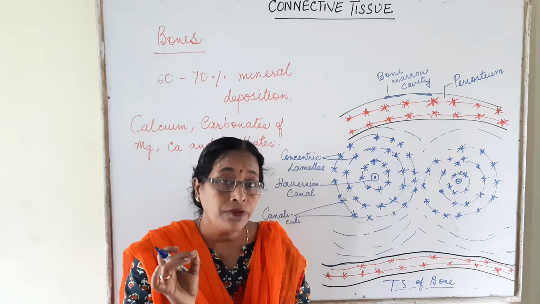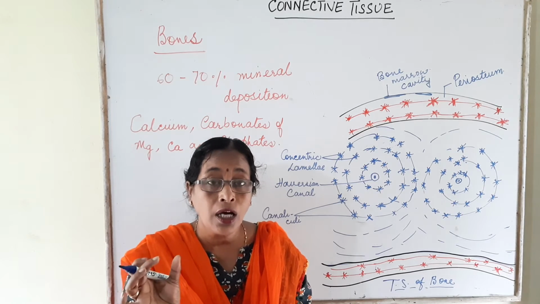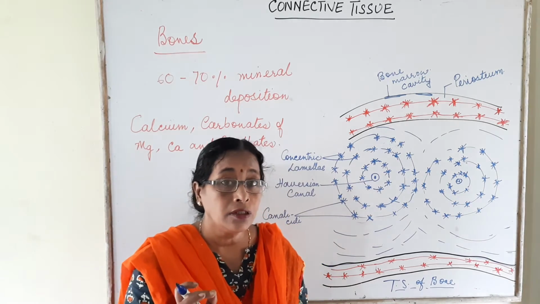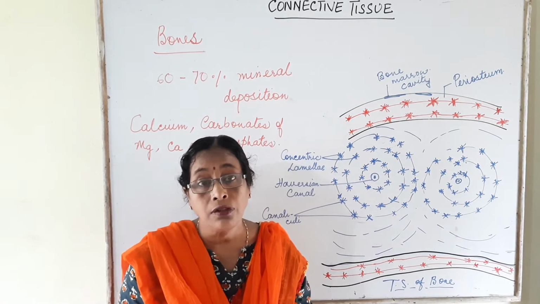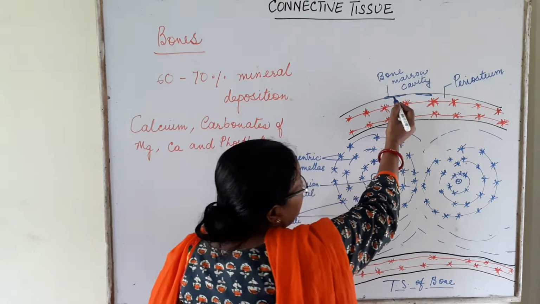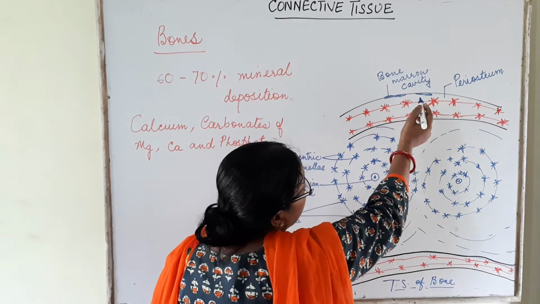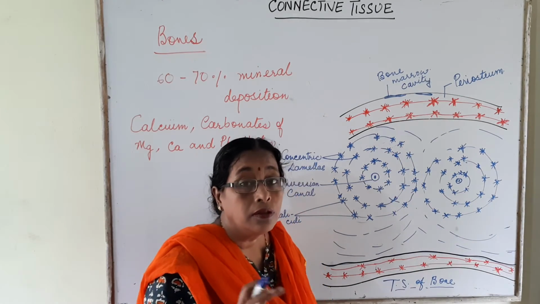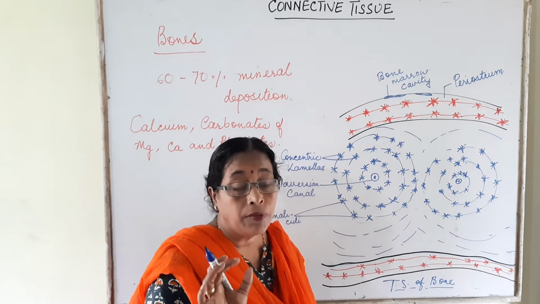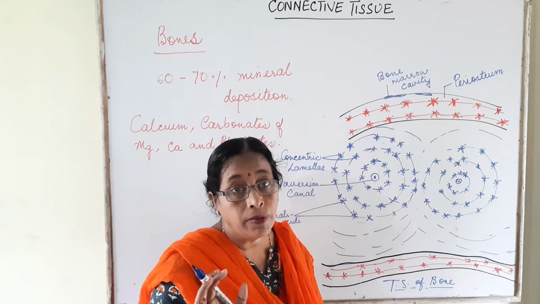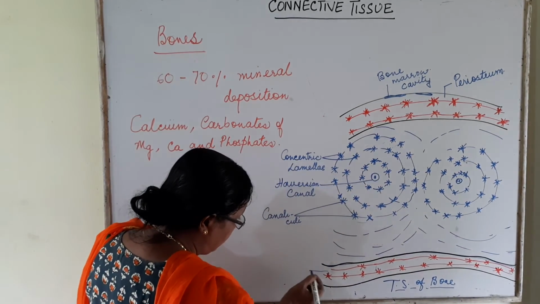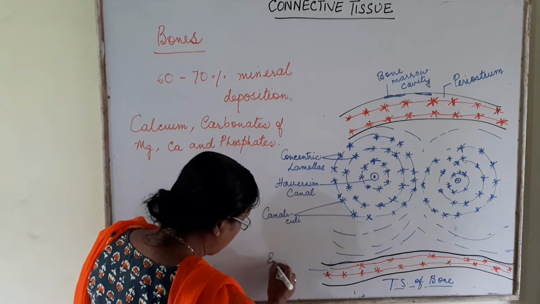In cartilage, the blood vessels are present only in the outer covering. But in the bone, the blood vessels and nerves are present till the interior. These cavities are the bone marrow cavities, where the synthesis of red blood cells takes place. The end portion of the bone is known as endosteum.